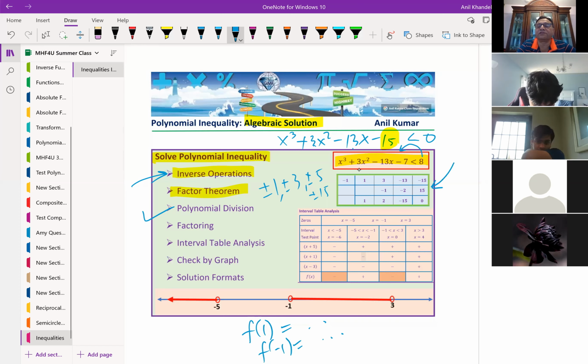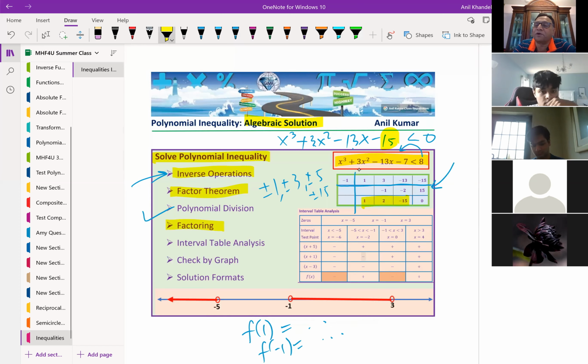You divide with whatever gives you 0. It seems minus 1 gives me 0. So then you do synthetic division and you get the quadratic factor. Since it was a cubic equation divided by a linear factor, you will get a quadratic equation. Then you can do product and sum and find the other factors. So you have a factored form of your polynomial, correct?